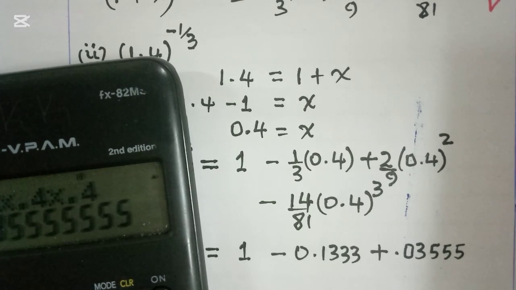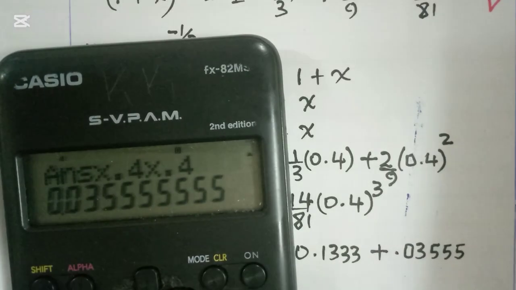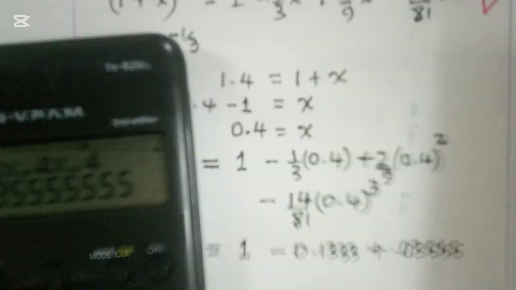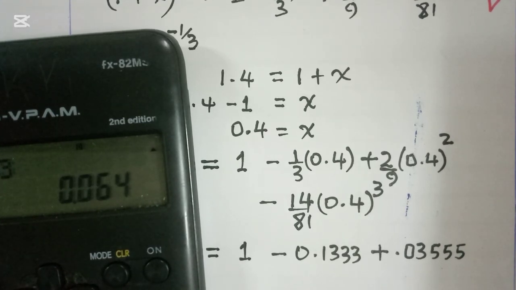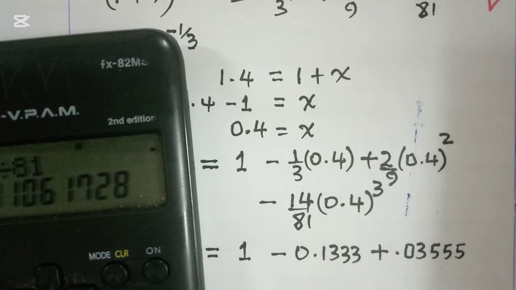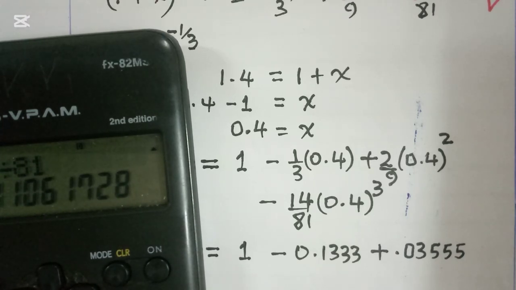So we get that value, which you can see is still the same. And finally, we go to our last value, 0.4 raised to 3 gives us 0.064 times 14, divided by 81. This is equal to 0.01106.